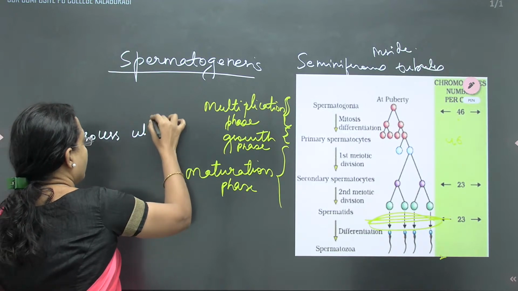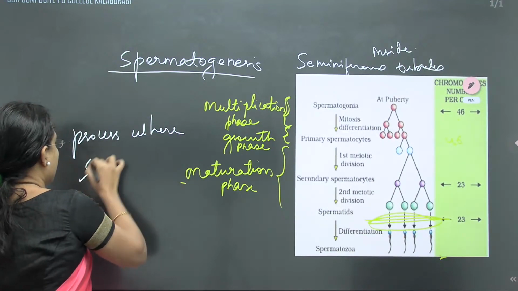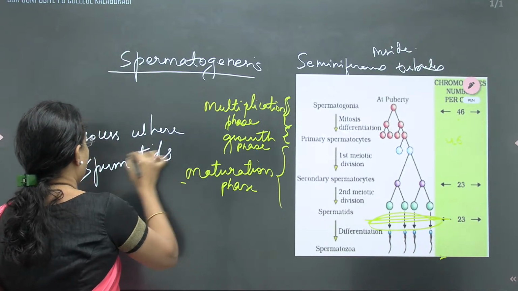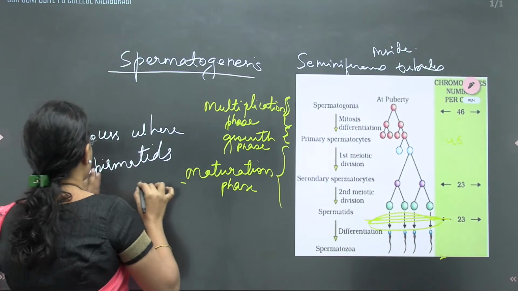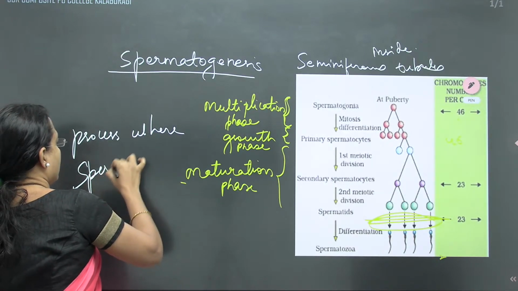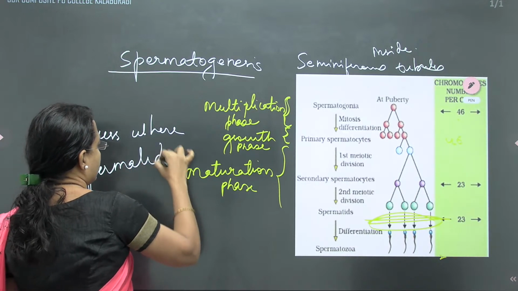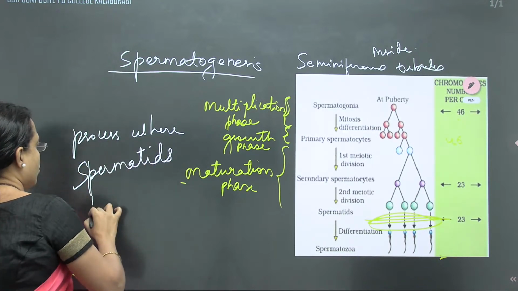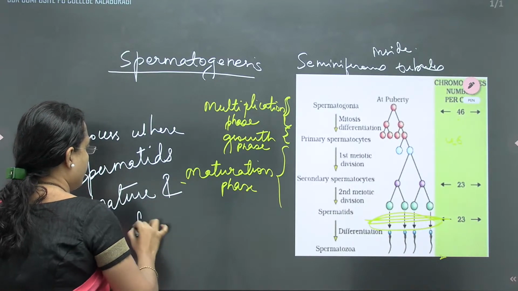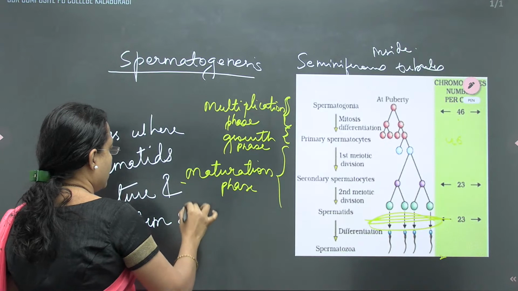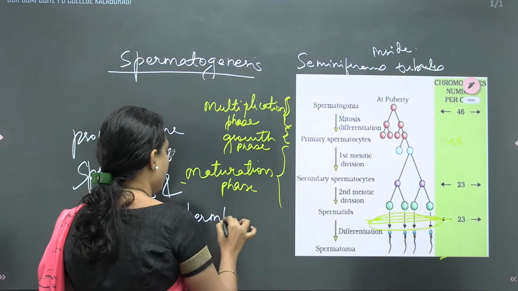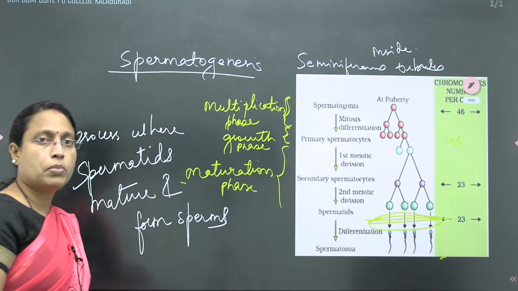Spermatogenesis is the process where spermatids mature and form sperms or spermatozoa.